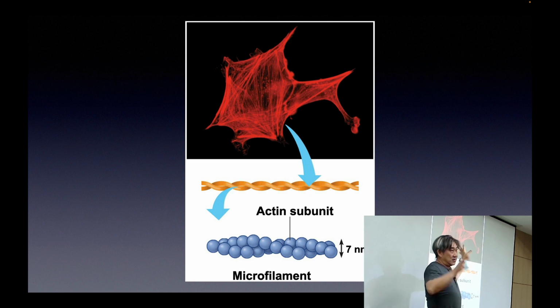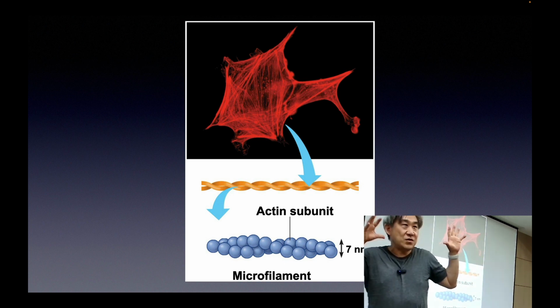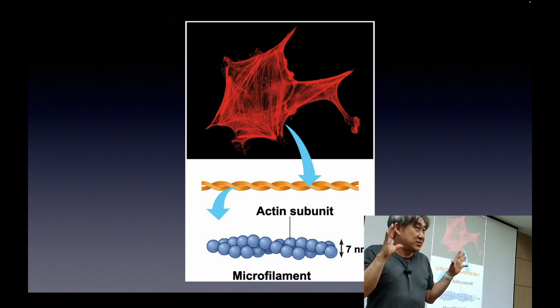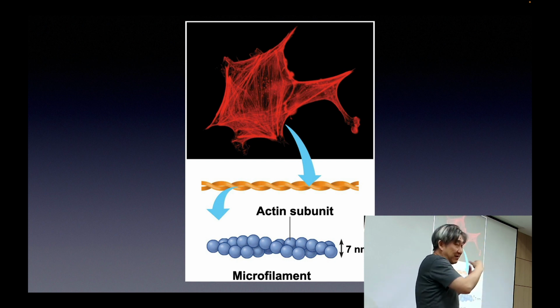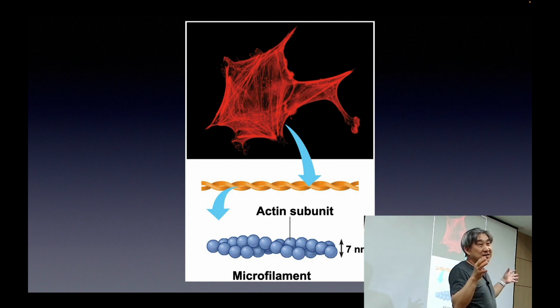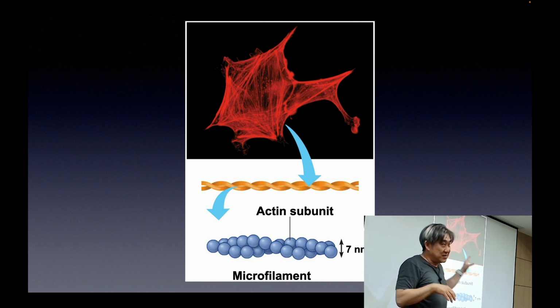Okay. So the cell itself is such a crowded structure. On top of many, many different types of organelles, you now have literally a really dense spider web of cytoskeleton, and this is only one of three different forms of cytoskeleton protein.